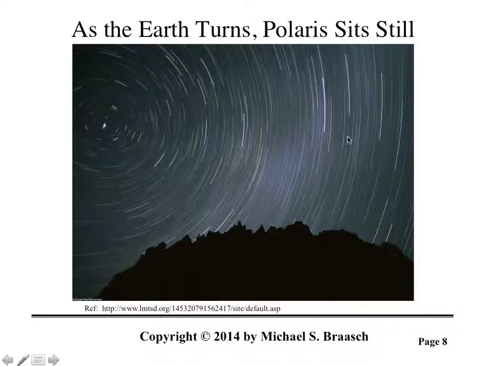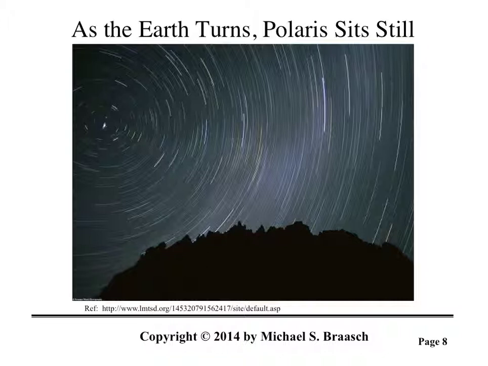Let's take a look at that. So here's a fascinating image, and it's a time lapse over a significant portion of the evening. And all of these are stars that are appearing to move through the sky as the Earth turns. However, this is the North Star, and over the course of the evening, the North Star effectively stays still.